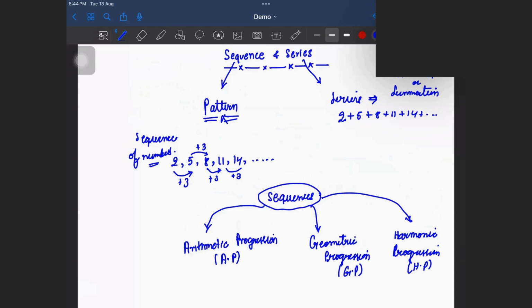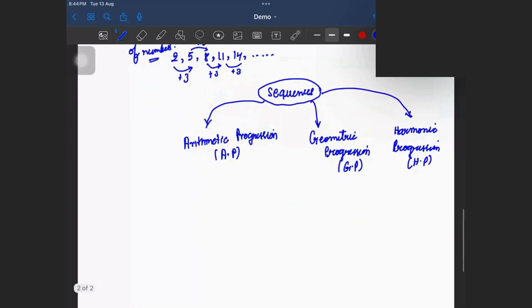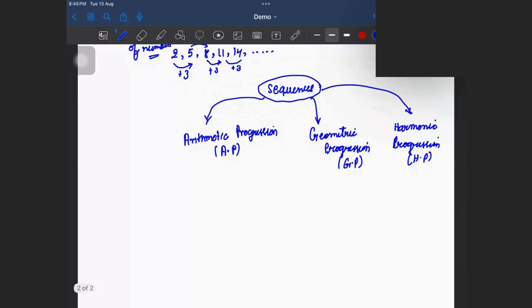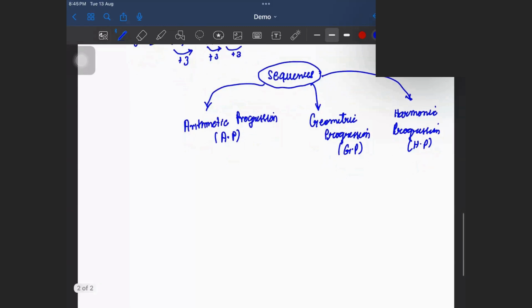Okay, I got everything. Have you ever heard of arithmetic progression, geometric or harmonic? No. Nice. So first of all, we'll see arithmetic progression. Our first topic is arithmetic progression.